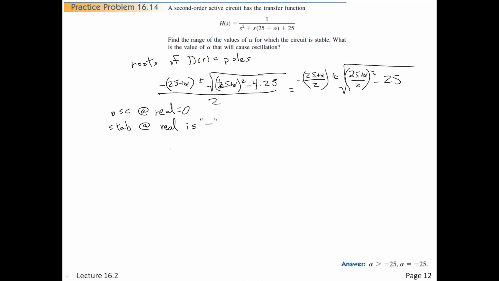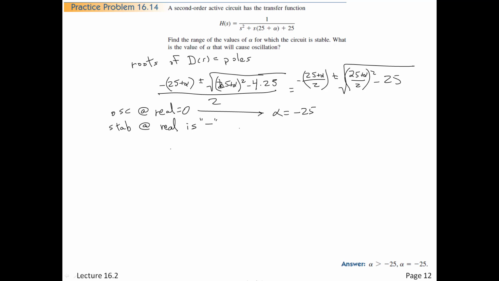Okay, so we're really just going to watch what's happening here. When the real part is 0, this will take place when alpha is equal to minus 25. I think that's pretty straightforward.